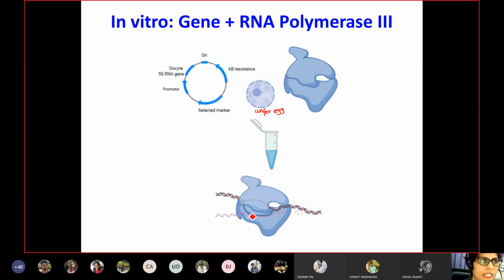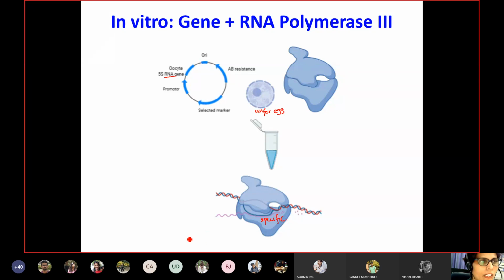Whereas in the same kind of experiment, in contrast, the same purified RNA polymerase 3 showed accurate transcription in the presence of immature or unfertilized egg. So this is the 5S RNA gene, same as the earlier one. But when it was mixed together with unfertilized egg, you see a very specific kind of transcription going on.